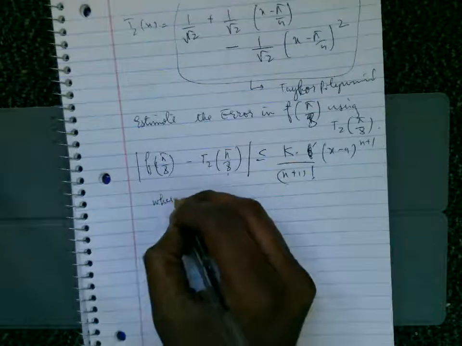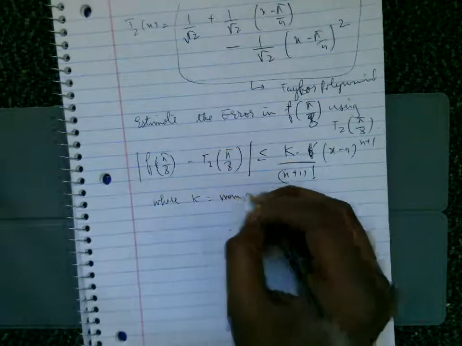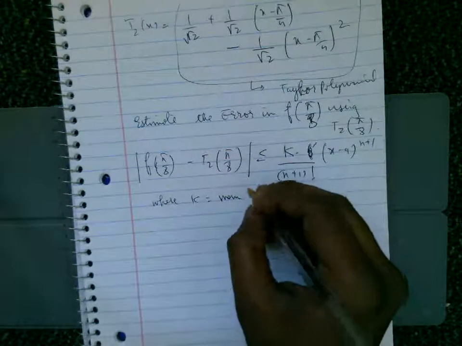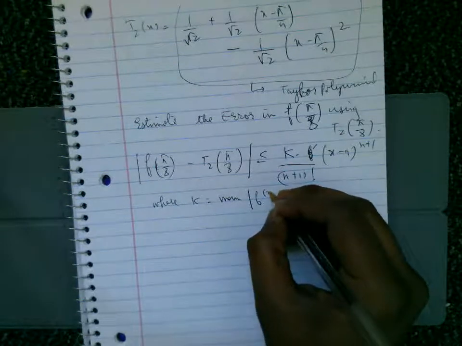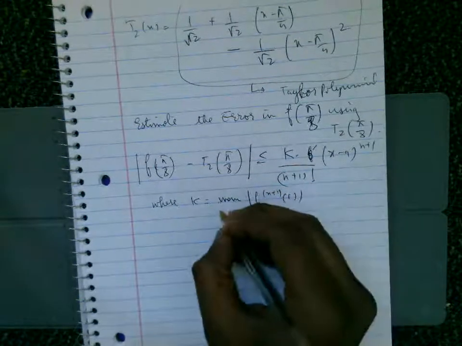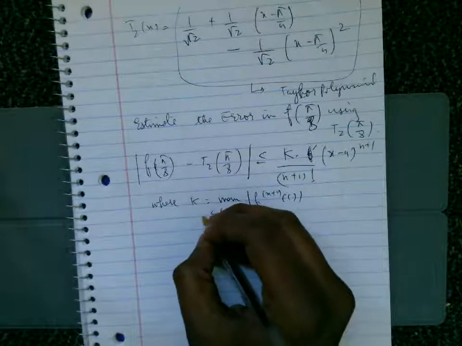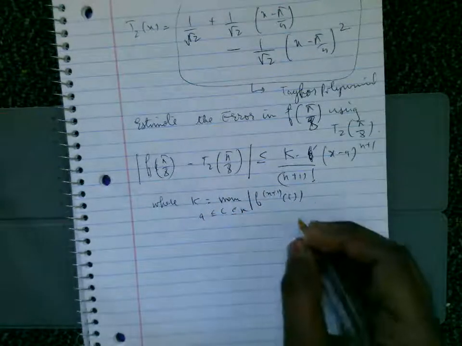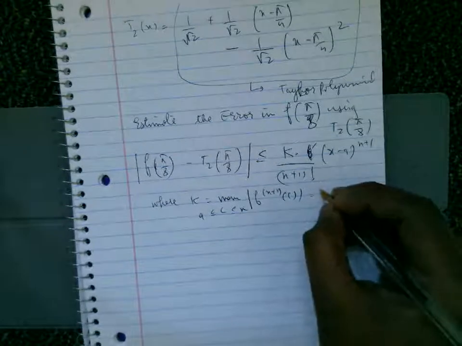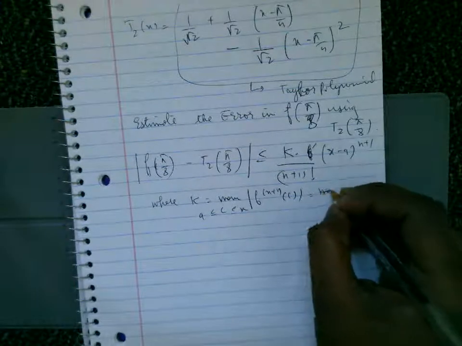where K is the maximum of modulus of f^(n+1) of c, where c lies between a and x.